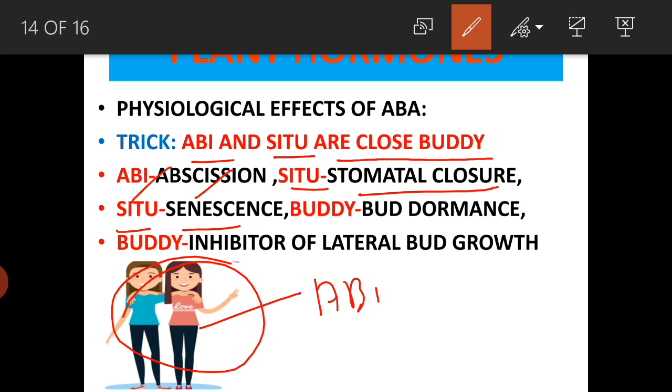That is also brought by abscisic acid. Buddy here refers to bud dominance, that is, it inhibits the lateral buds. So abscisic acid inhibits the lateral buds.